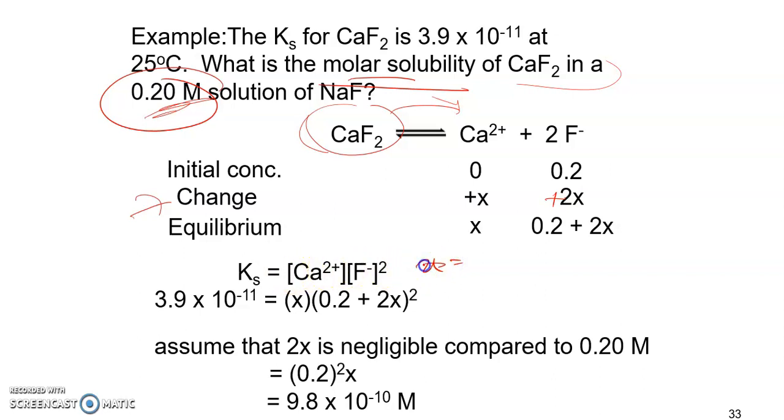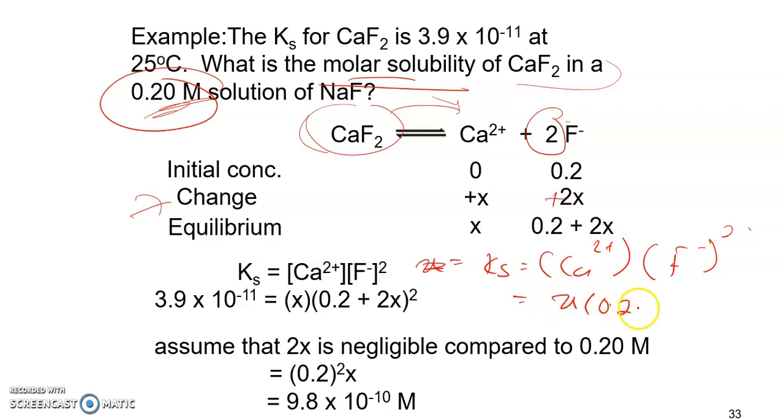Ks equals the concentration of Ca2+ times the concentration of F- squared, because we have 2 here. We put this value in our equation: S times (0.2 plus 2S) squared.